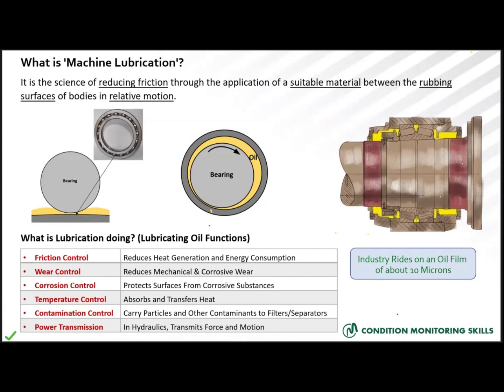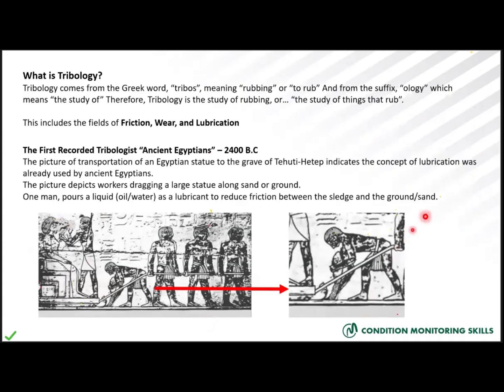We lubricate the machine to reduce the friction between the rubbing parts in relative motion with each other, using a suitable type of lubrication. Okay? So that's why we need to study a specific science called tribology.